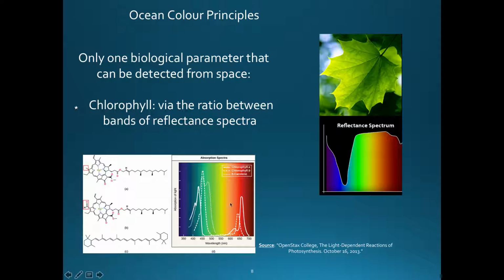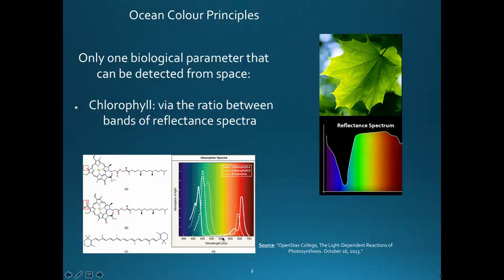Here you have the absorption spectra for chlorophyll A, chlorophyll B and carotene. Here is the absorption, here is the reflectance. They reflect more in the green and the yellow part of the spectrum, and they absorb more in the blue and in the red.